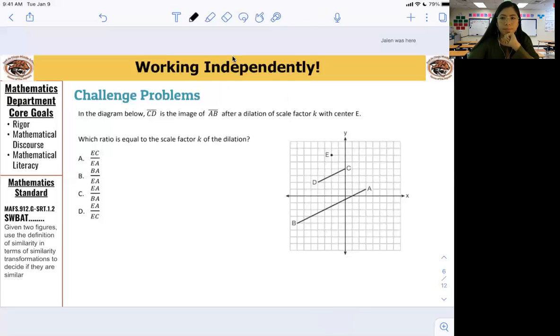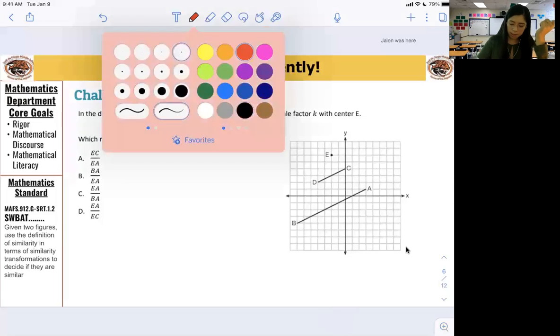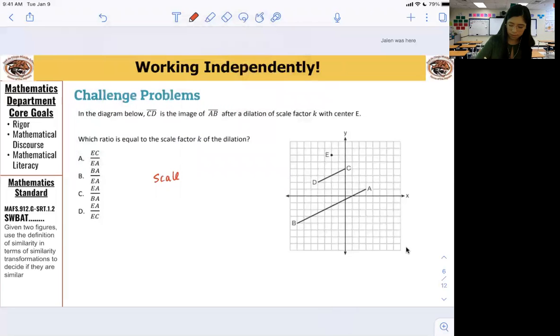So let's take a look. We're looking for the scale factor. We already went over this. What is the scale factor? What over what? Image over pre-image. It's going to be image over pre-image.